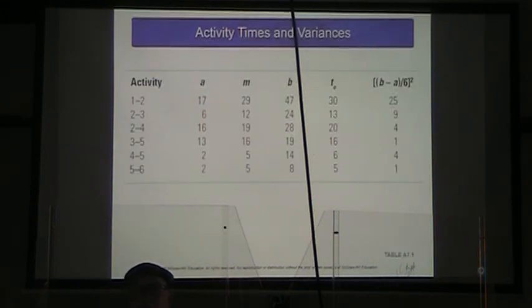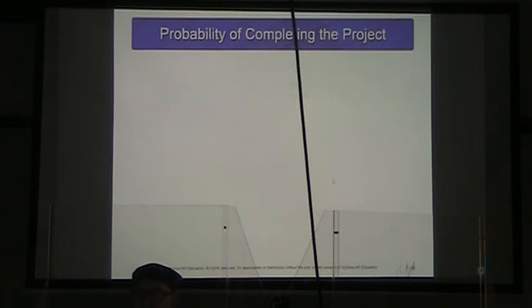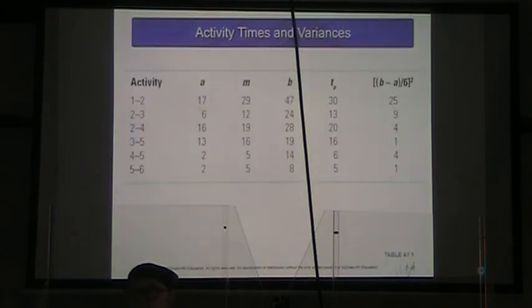All right, so here we have some activity times and their variances. So we have the optimistic time, the most likely time, the pessimistic time, and our PERT estimate time for each of these. So the activity from 1 to 2, from 2 to 3, 2 to 4, and on down. Oh, bloody hell. Right, and then we have our variance of each of these.